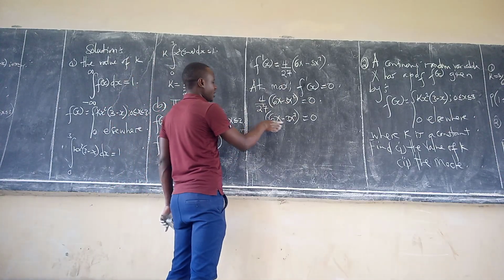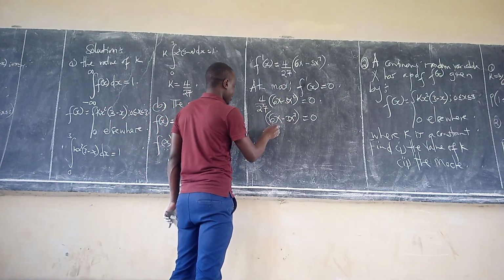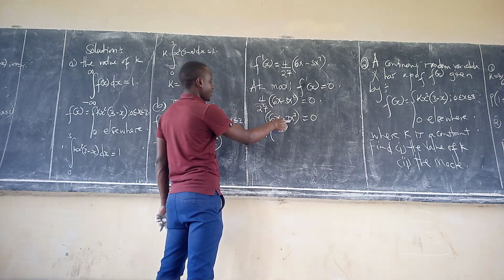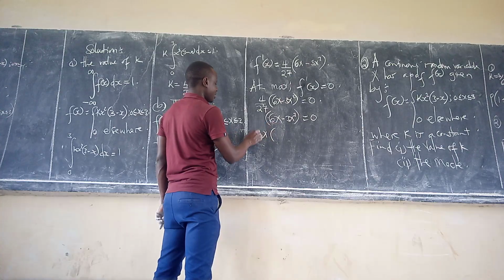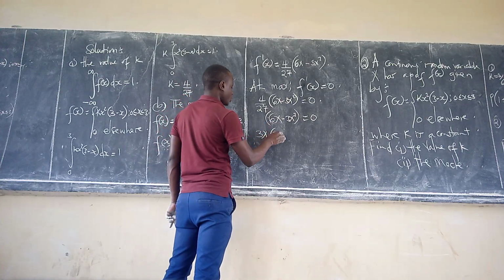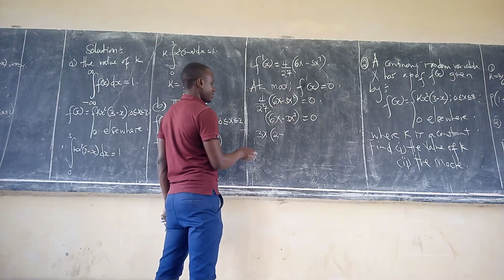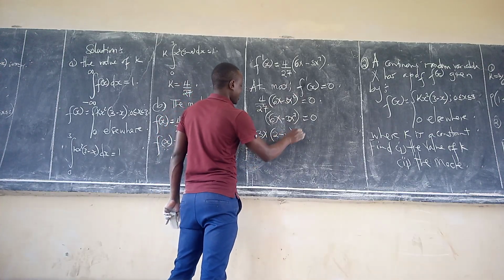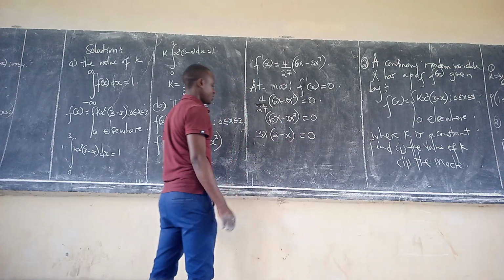So what is common here and there? x is common. What is common still, because this is divisible by 3, is 3. So we shall remain with 3x into 2 minus x equal to 0.